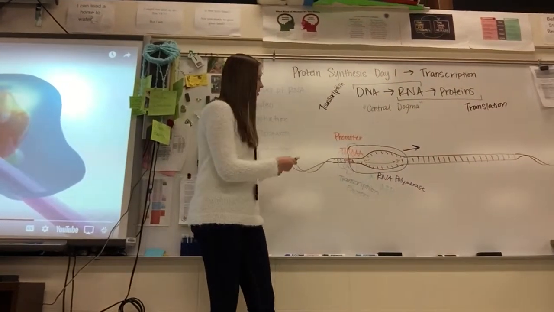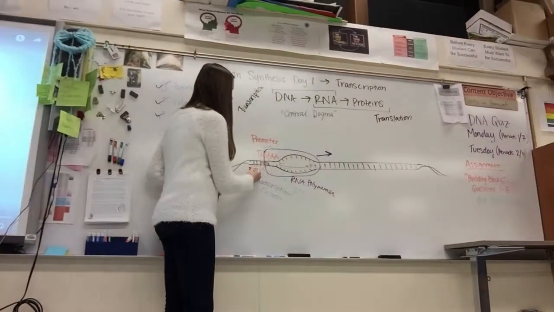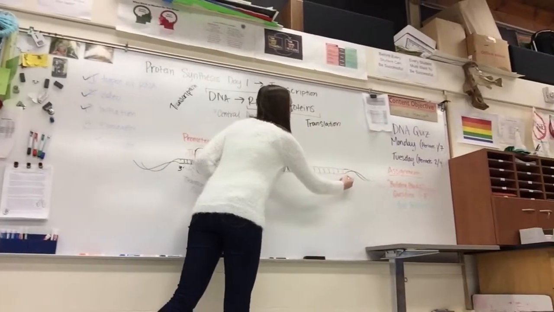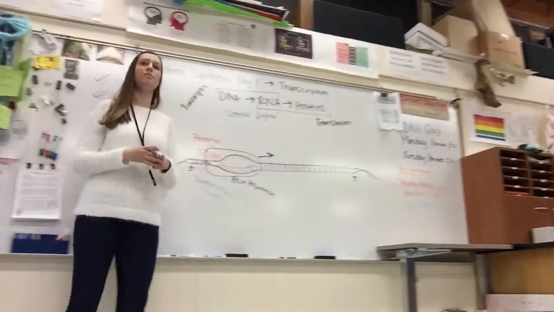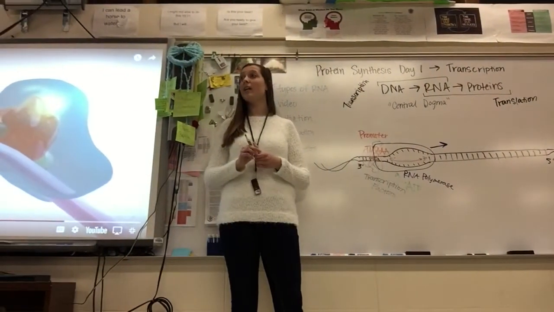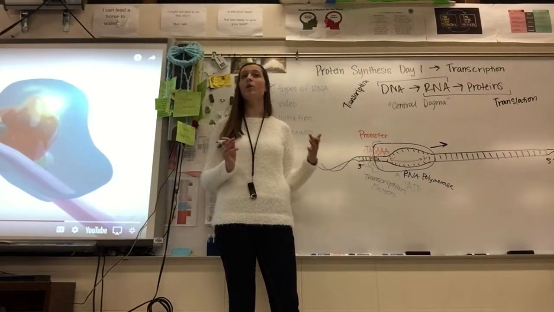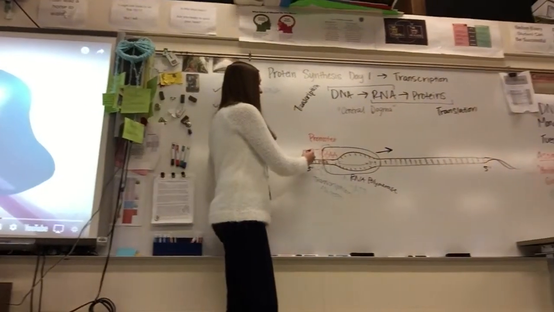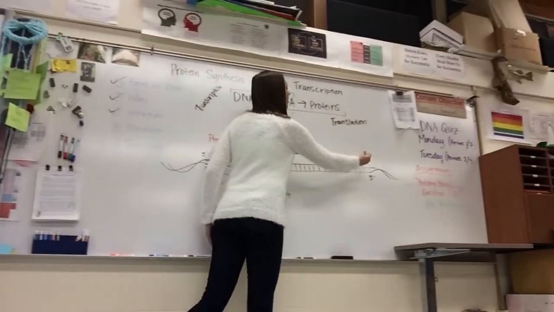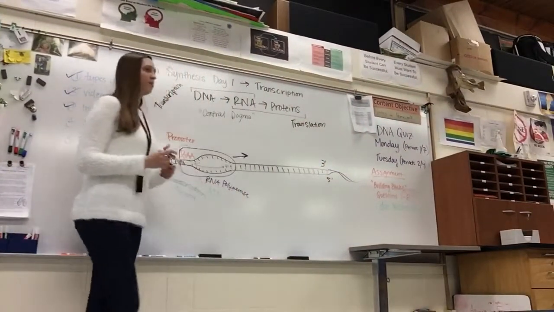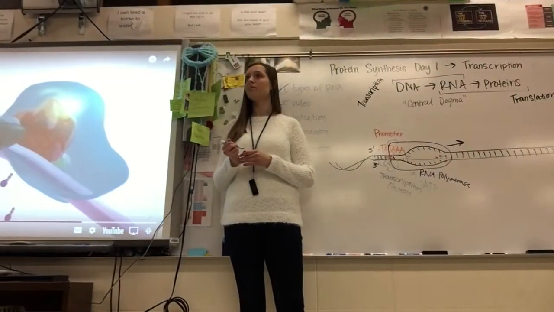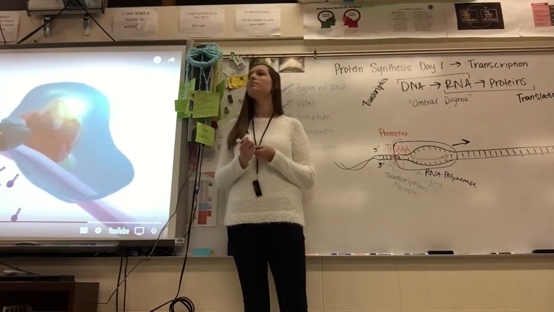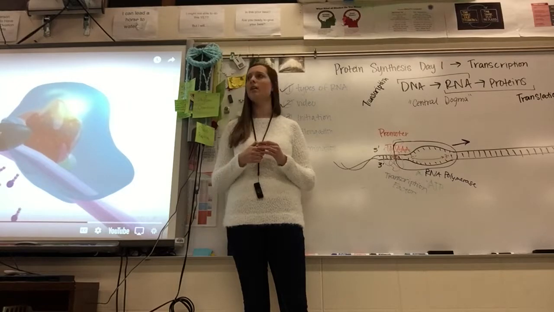Very good. We have 3, and this end must be 5. We can also add in the other side, because you know it's anti-parallel. So we have 5, and we have the 3. Does that make sense? We're adding it in like we did with the DNA replication.